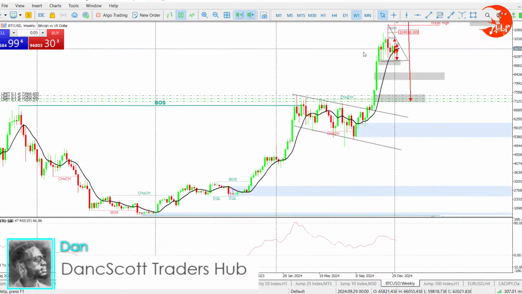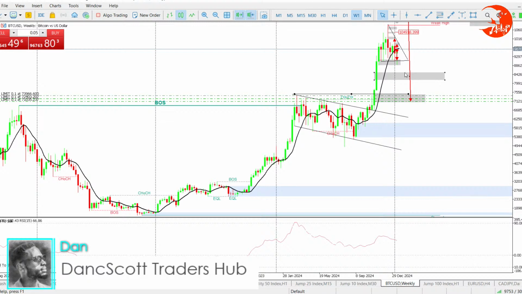What is this point? That can only be seen on the weekly time frame. This is the fair value gap after the break of structure. After the break of structure right here, after the break of structure right there.